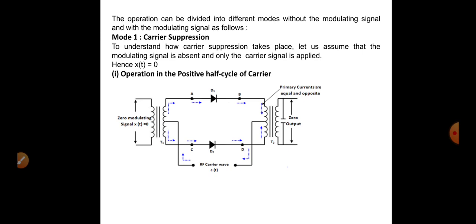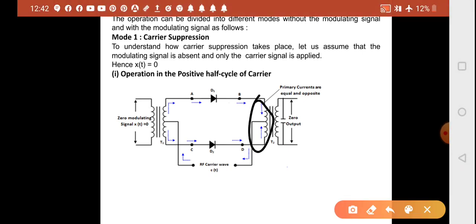We can observe that the currents flowing through the primary winding of transformer T2 are equal and opposite to each other. Therefore the magnetic fields produced by these currents are equal and opposite, so they cancel each other. So the induced voltage in the secondary winding is 0, and the output is 0.